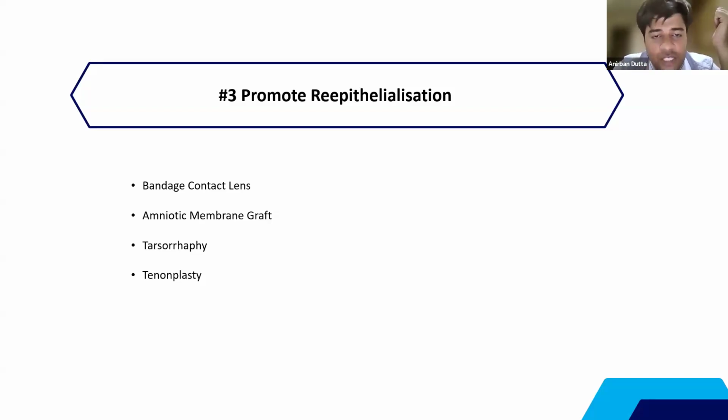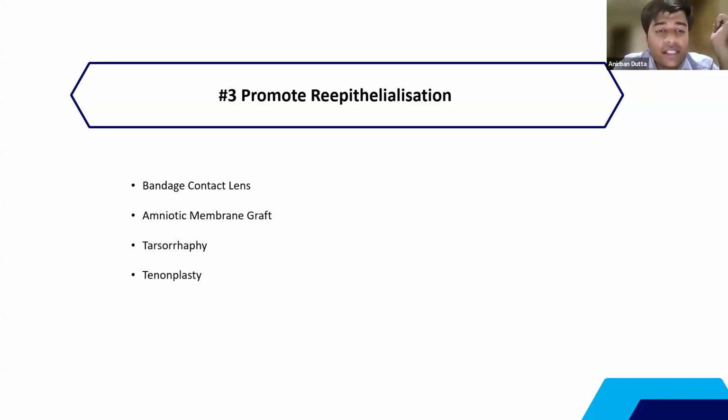Now, the AMG serves two purposes. One, it absorbs any inflammatory mediators and it helps to quieten the eye down in a much faster manner compared to just leaving it alone. And the second is obviously it acts as a scaffold for the epithelium and the reepithelialization occurs in a much smoother manner.